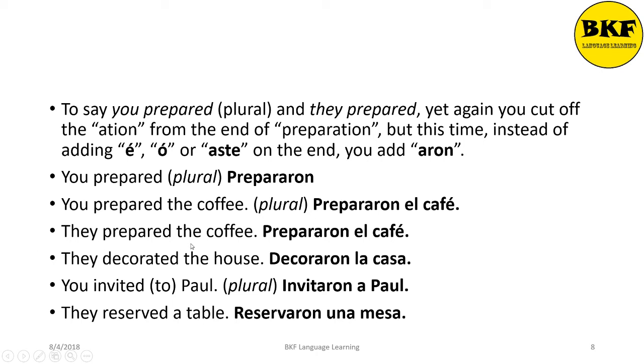If I want to say they prepared the coffee, again prepararon el café. If I want to say they decorated the house, decoraron la casa. You invited Paul, invitaron a Paul. They reserved a table, reservaron una mesa.